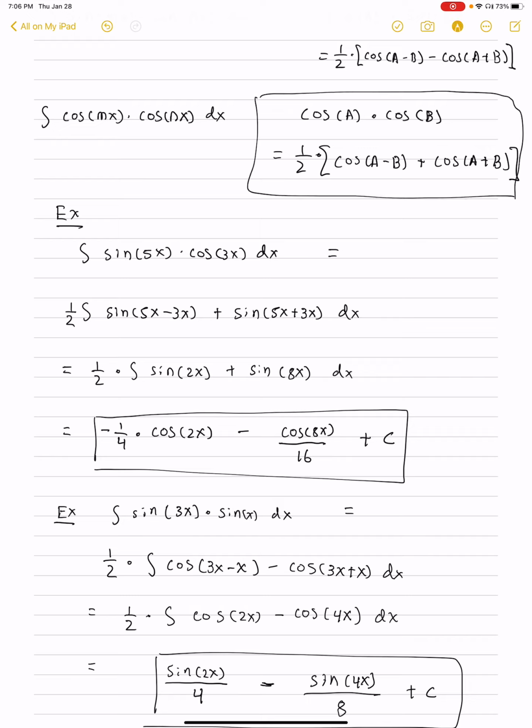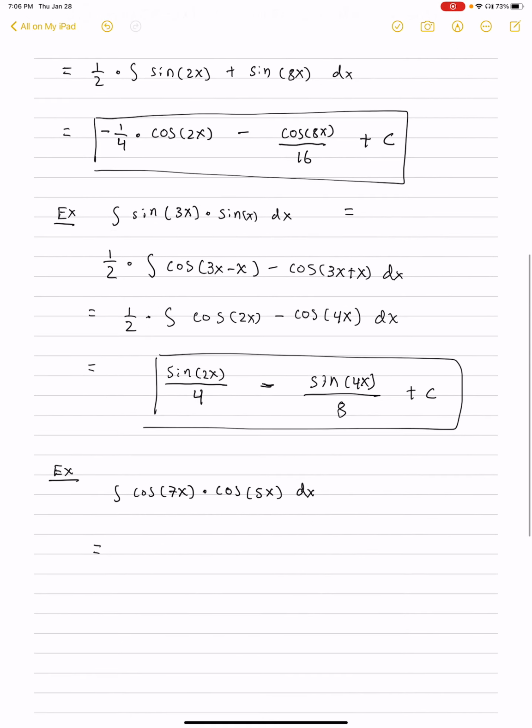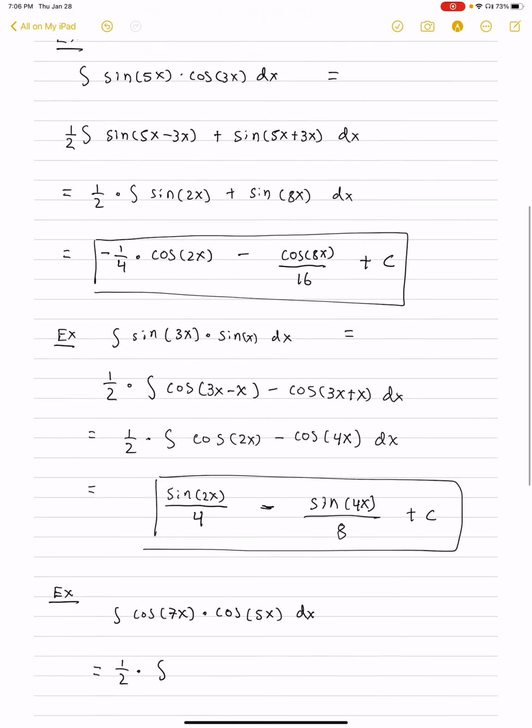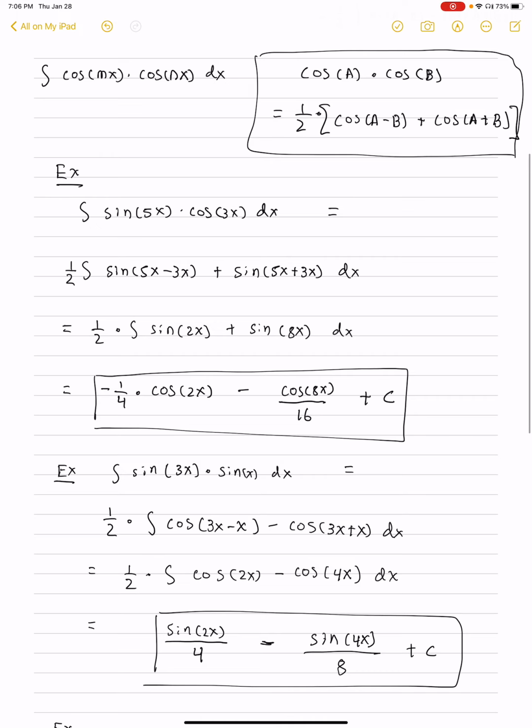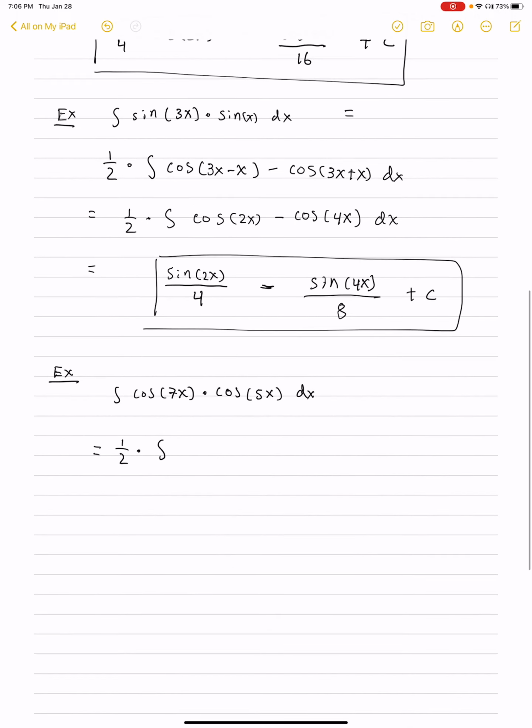And we're going to let a be 7x and b be 5x. So I'll put the 1/2 out in front times this integral, and let's look at that identity one more time. So we'll have cosine of 7x minus 5x.